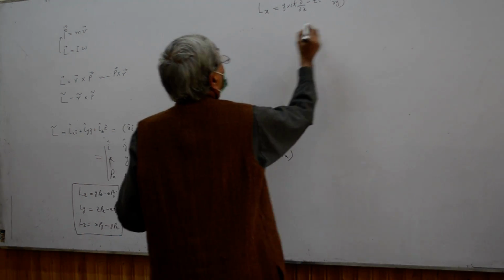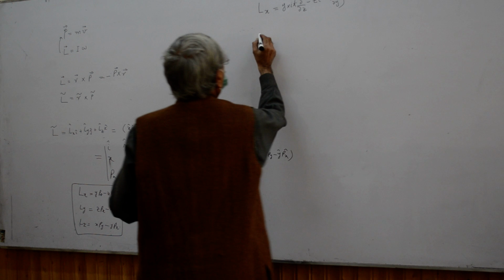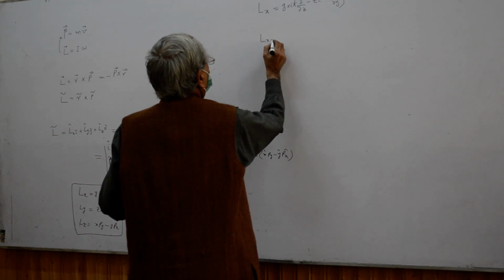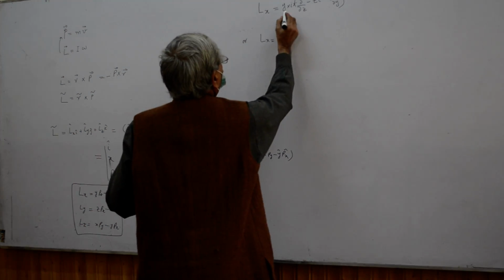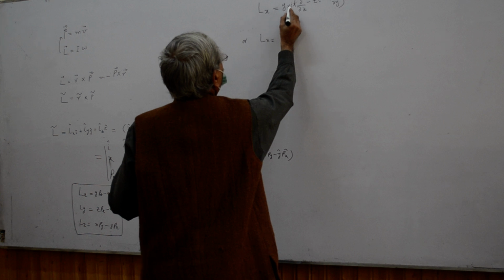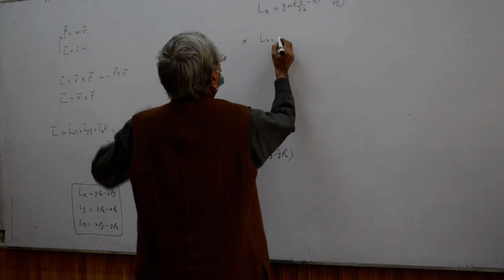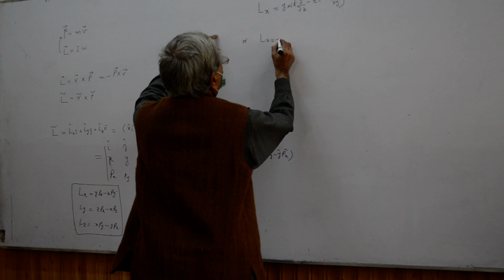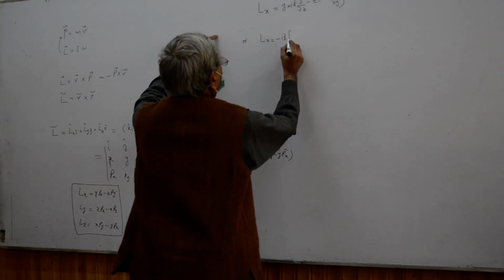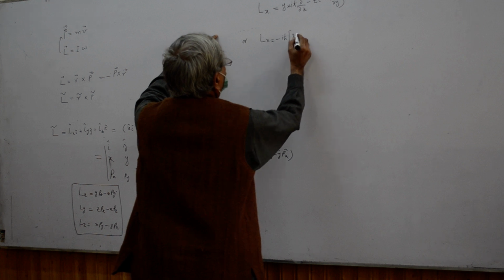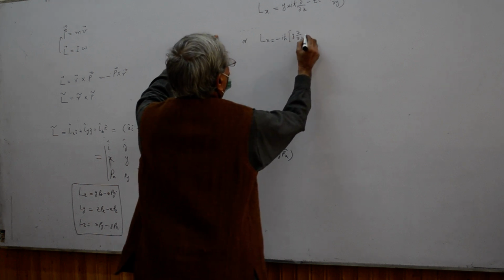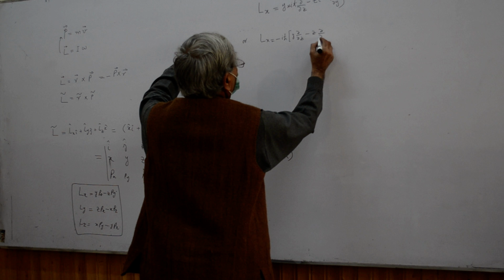And this will be further equal to, there is a minus here as well, you take the minus outside, and it will be y delta over delta z minus z delta over delta y.